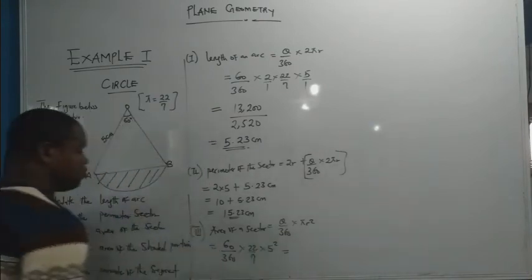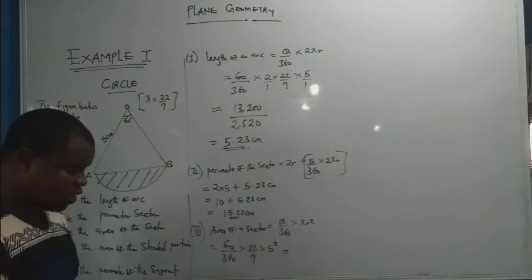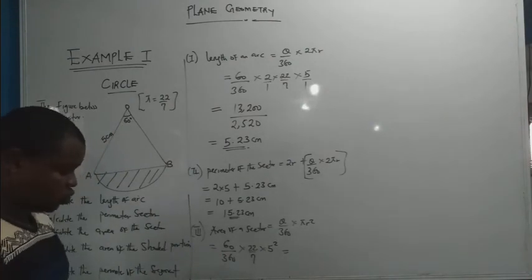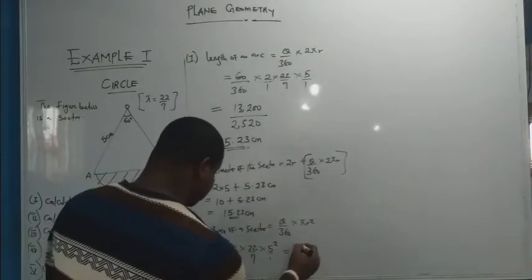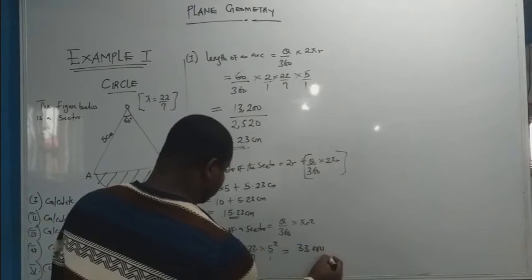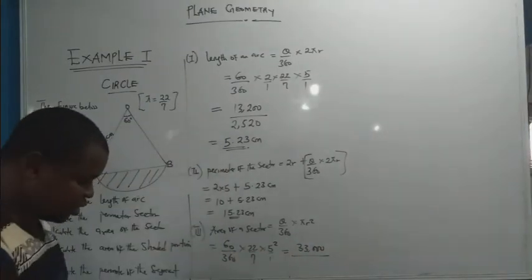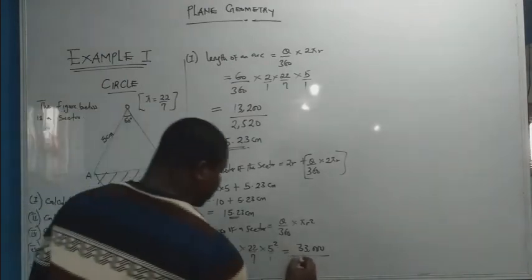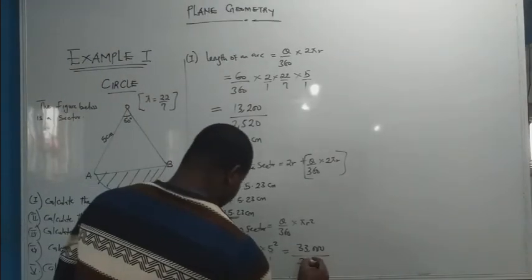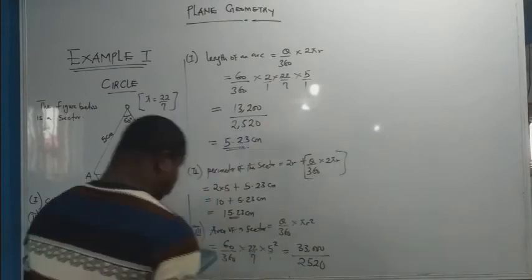Remember the method, multiply everything above, so it will be 60 times 22 times 5 squared, 33,000. Then we now have 360 times 7 times 1, we have 2,520.